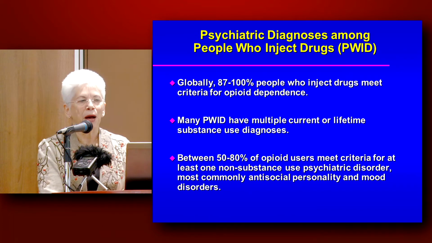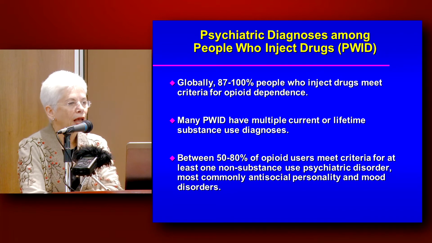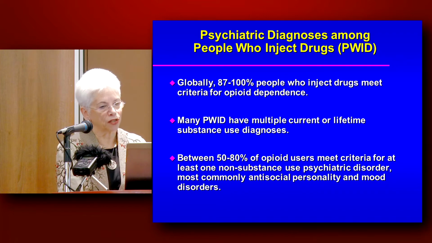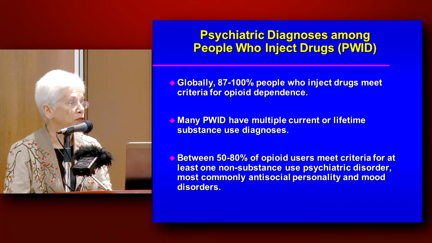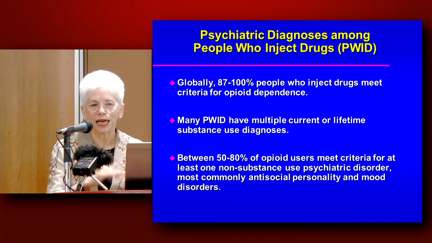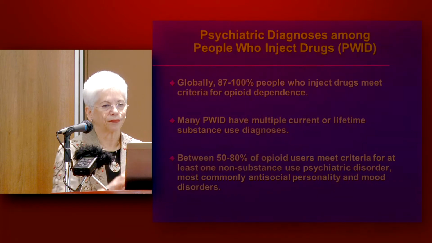There's a population with high rates of early childhood adverse events, and many of them have comorbid other mental illnesses. Mood disorders and antisocial personality are the two that have been most frequently cited as non-addictive illnesses among people who inject drugs.